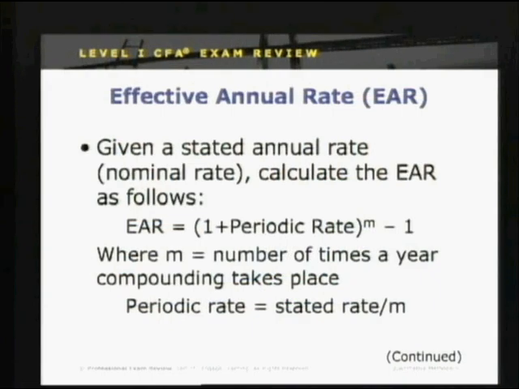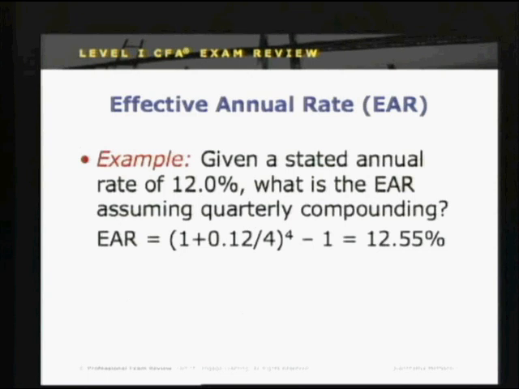And you say to yourself, well, wait a minute, where did this periodic rate come from? That's nothing other than taking the stated rate and dividing it by the number of periods within the year. So you can see that we're adjusting the rate within the parentheses and then raising it to the power of the divisor that we've used to adjust the rate.